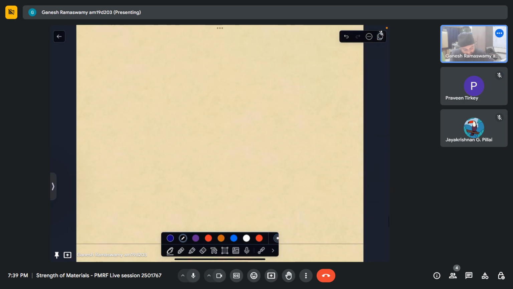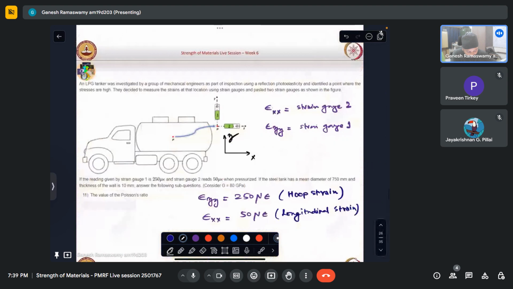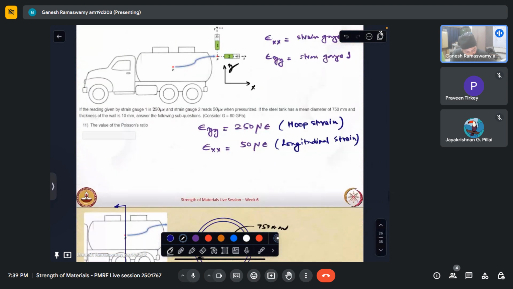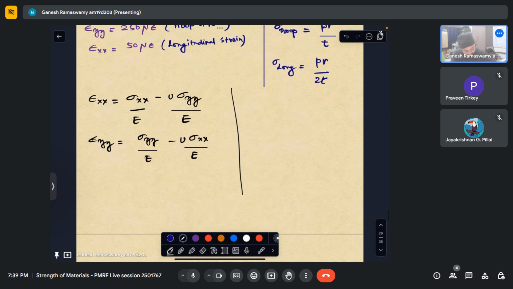So in the question we have been given the modulus of rigidity instead of E. But from our interrelationships we know that G is nothing but E by 2 into 1 plus mu.